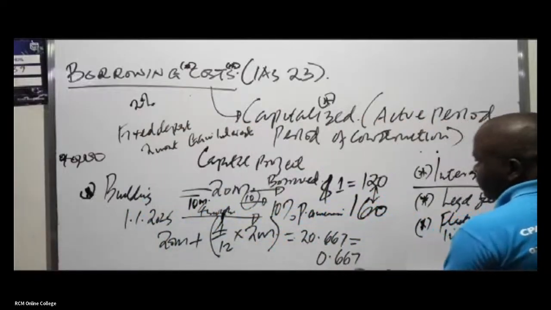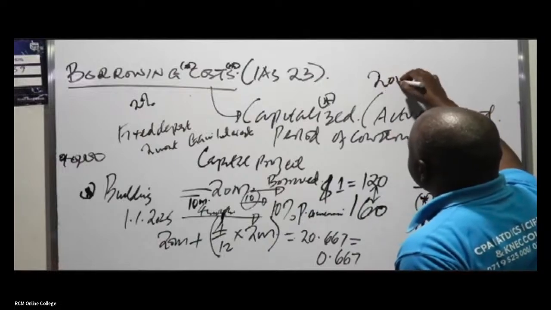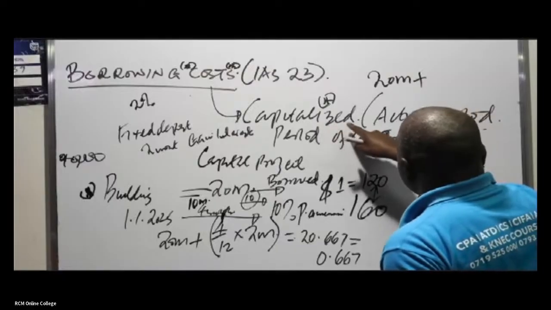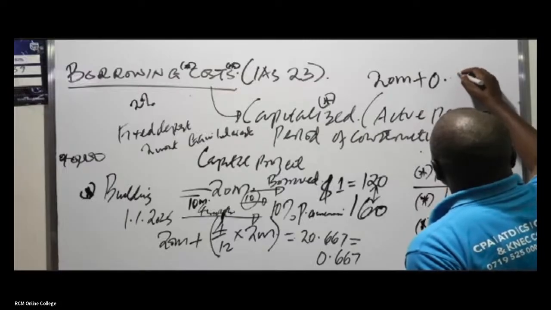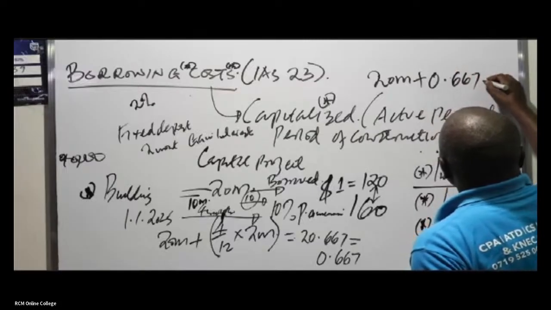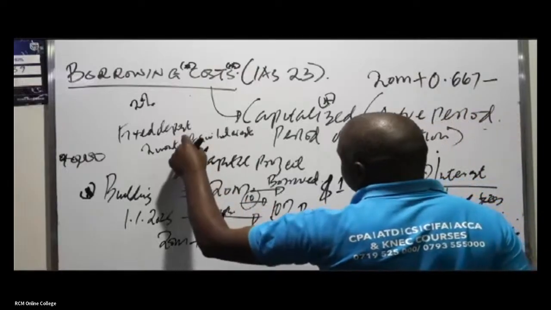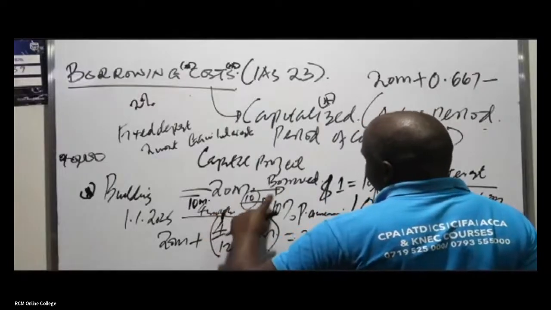Borrowing cost. So we'll be able to say the cost of this building will likely be 20 million plus the borrowing cost during the active period of construction, which is 0.667. But now we are saying you need to set off the interest you've earned, and mark you, this interest should be only during the period of active construction.